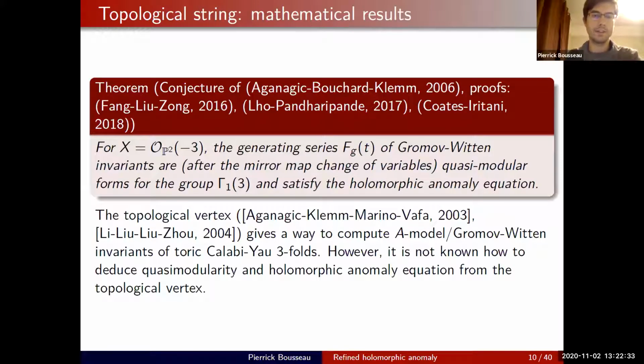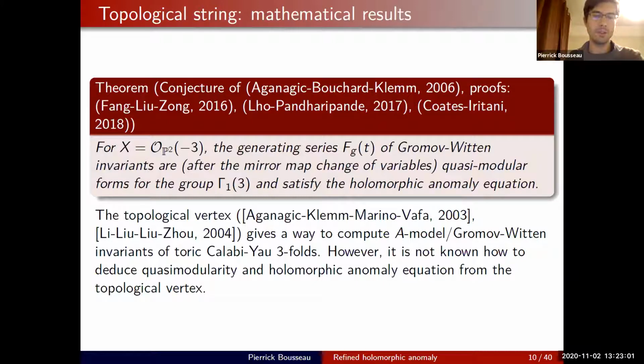So here I've stated some mathematical result, which will be in the case which is relevant for us, the case of local P2. From a physical point of view, this theorem was predicted by Aganagic, Bouchard, and Klemm. And the fact that it is a mathematical statement, where you start with a definition in terms of Gromov-Witten invariants, has been proved in various ways by Honglu Fan, Long Pandey, and Coates-Iritani.